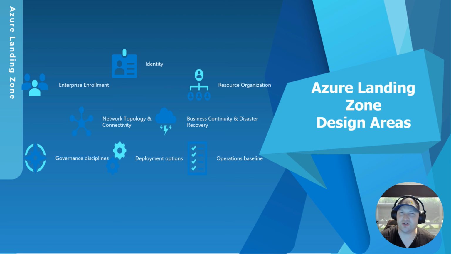What about business continuity and disaster recovery? What are your apps or services that need to be redundant or don't need to be redundant? What about the 3 availability zones that run in a single region? Your operations baseline: who's going to support it? Are they meeting key SLA and SLO internal organization directives?